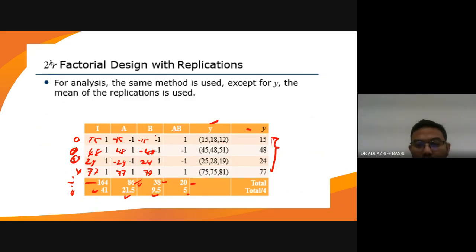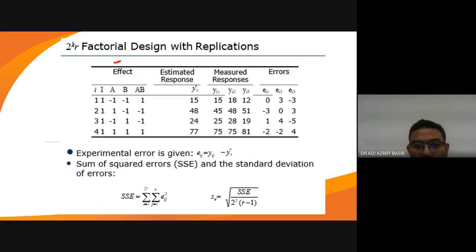So how do we get this 15? Because we take the mean. Okay, 15 plus 18 plus 12 divided by how many we have? Divided by 3. So you will get 15 here. So 45 plus 48 plus 51 divided by 3, you will get this answer, 48.